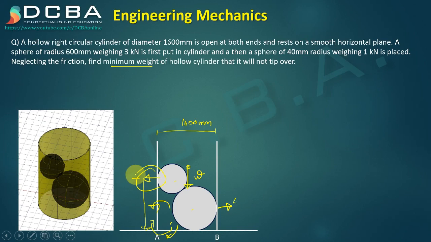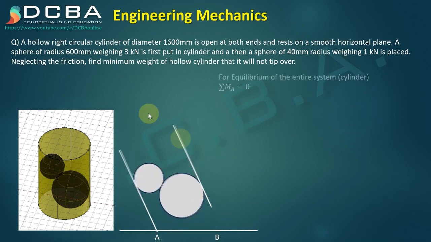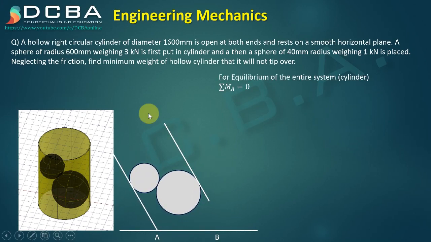Only then the cylinder is not going to tip over. By tipping over, I mean that it just goes like this. So this is the force that is causing this moment, and the weight of the cylinder is going to cause a moment in the clockwise direction, right?